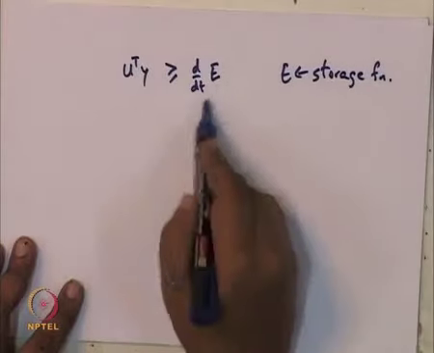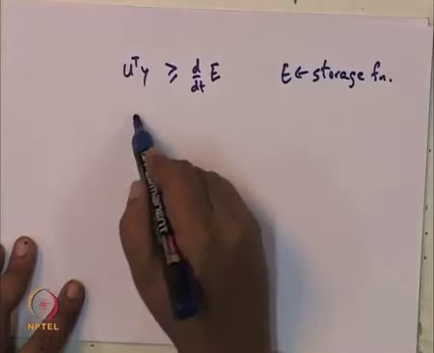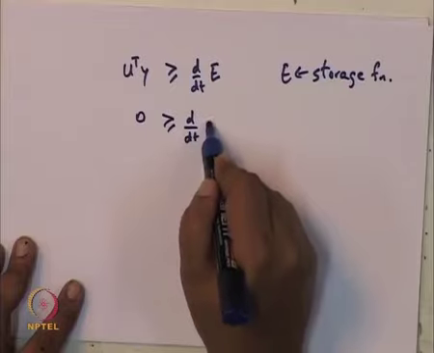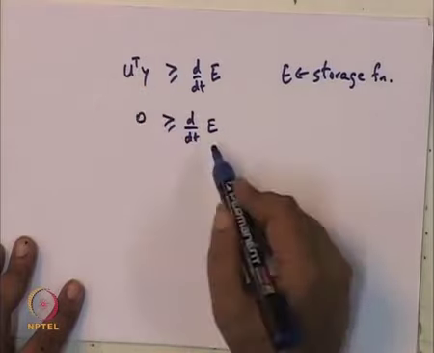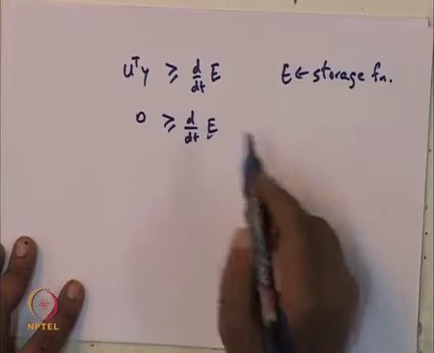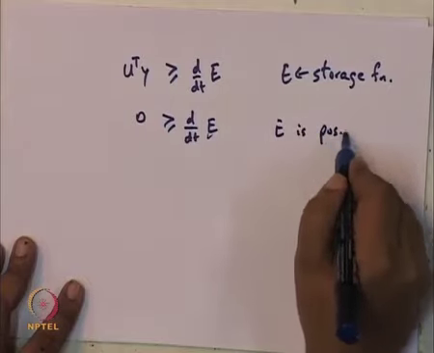Okay. But now, what does this mean? If the input is 0, of course, this quantity is 0, and so 0 is greater than d dt of E, which means for the system with 0 input, this E can act like a Lyapunov function, provided of course E is positive definite.